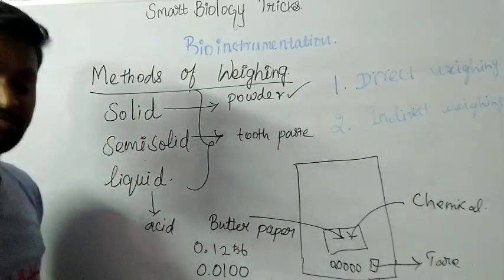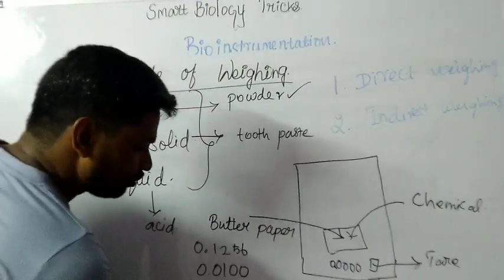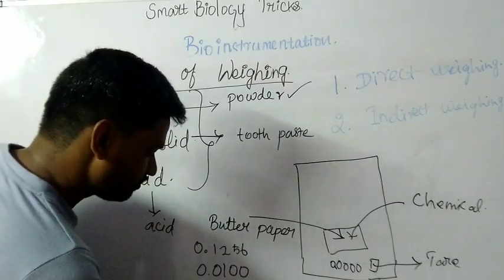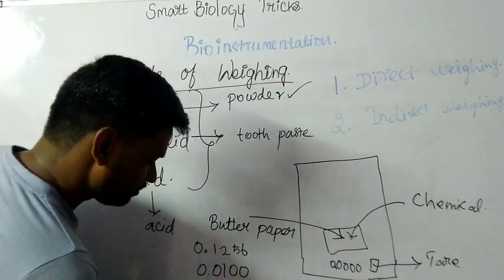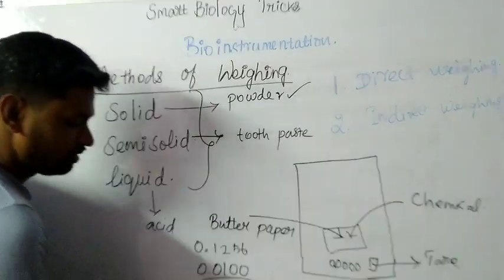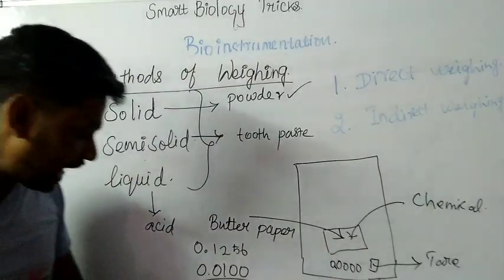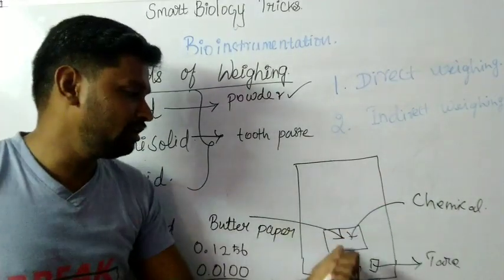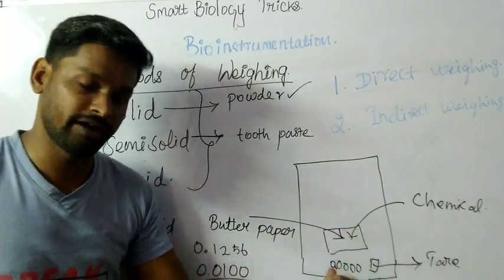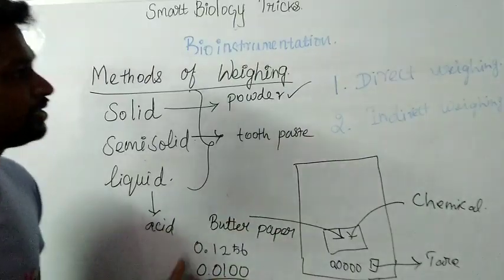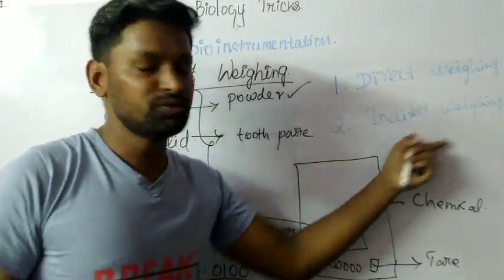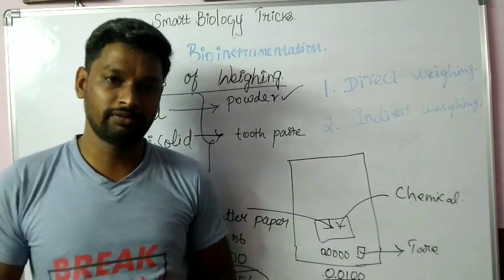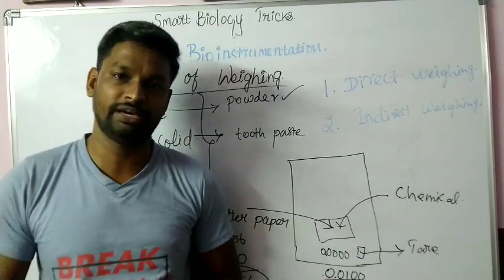If you subtract the values, you will get the exact quantity of the chemical loaded on the pan. This method is called indirect weighing. So in this video lecture we have discussed the analytical balance. In our next video we will discuss the pH meter.